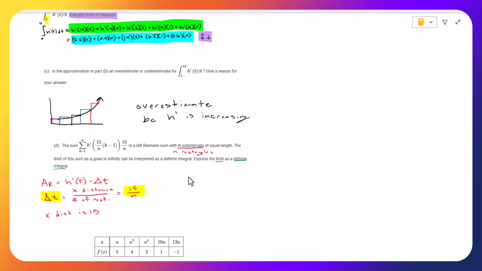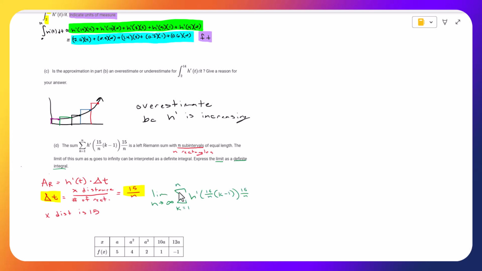So limit as n approaches infinity of our summation k equals 1 to n of h prime of 15 over n times k minus 1 times 15 over n.